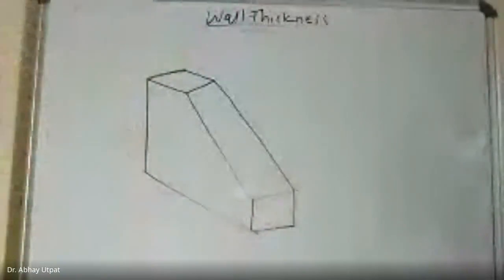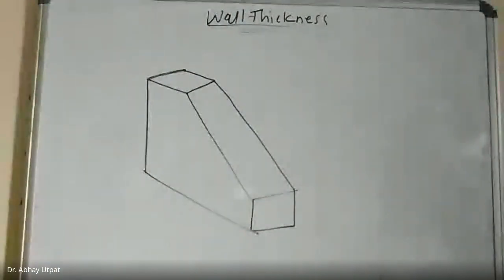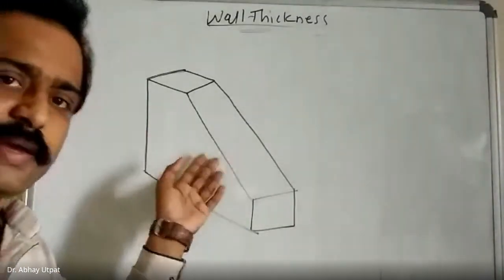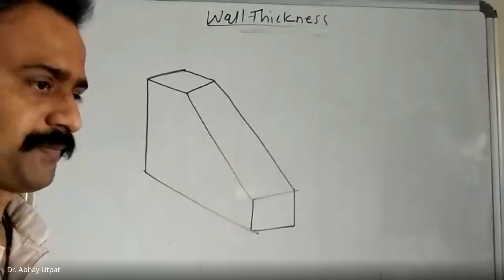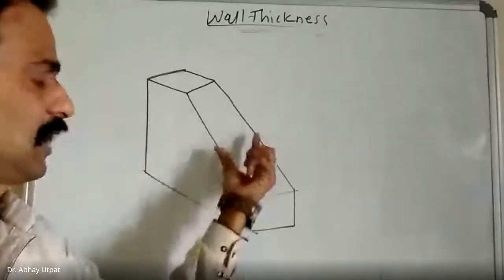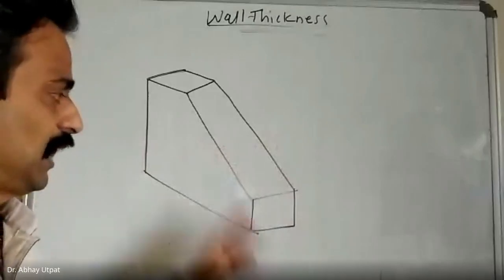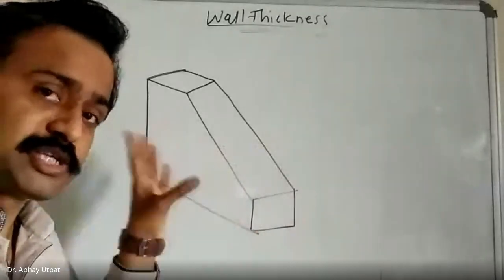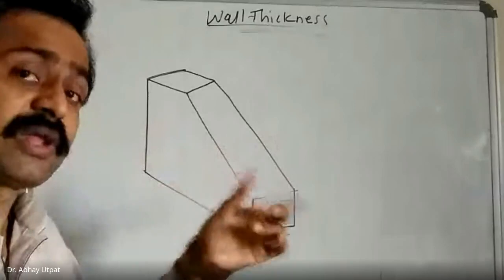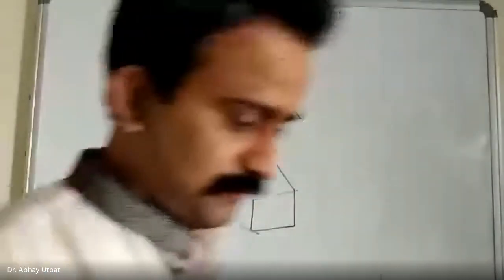Now see, as I was explaining, there is a size or shape constraint. This is my requirement of a plastic component. I want to produce this. See how thick it is. Thickness is very high. Without disturbing shape and size, you can keep uniform wall thickness.